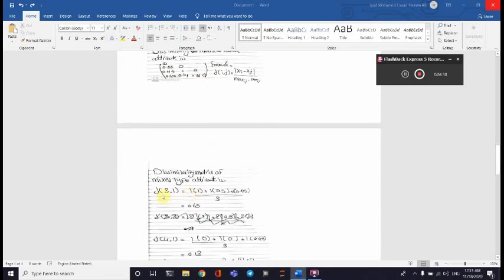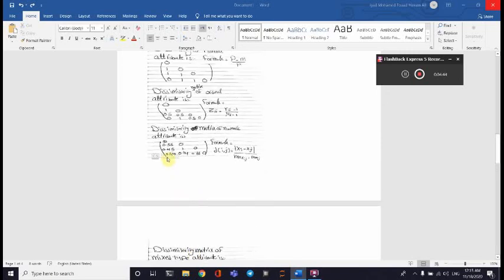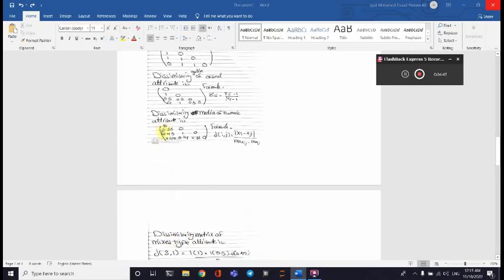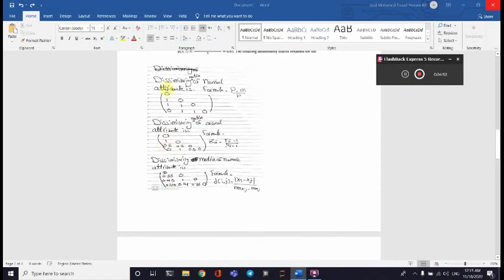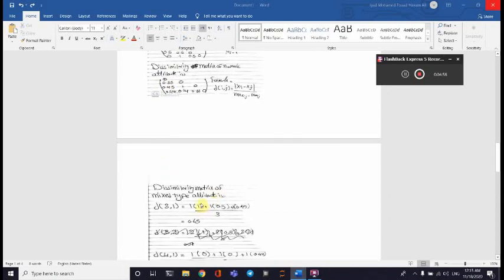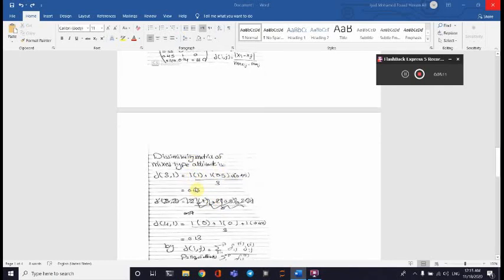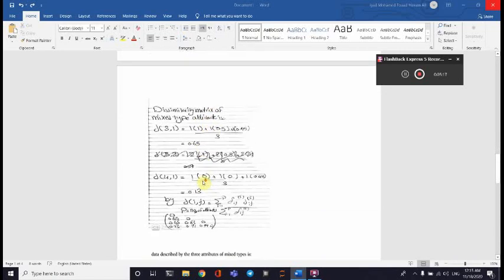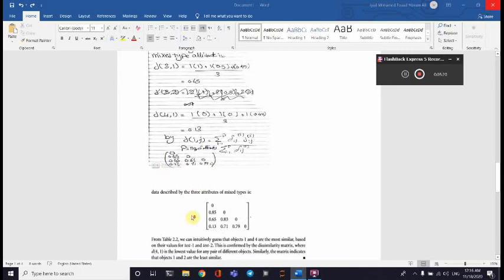For example, the dissimilarity of 3 and 1 will be equal to 1 plus 0.5 plus 0.45 times 1, which is the indicator for each one of them, over the sum of 1, 1, and 1, which is 3, and apply it to each element in the dissimilarity matrices you got. This way, you will get your final matrix.